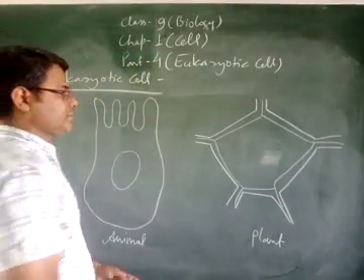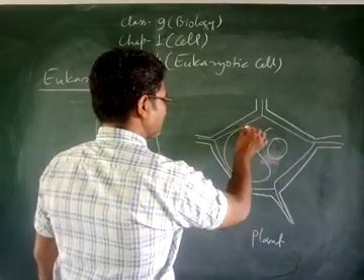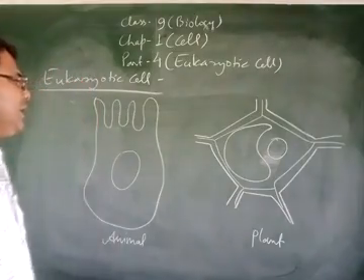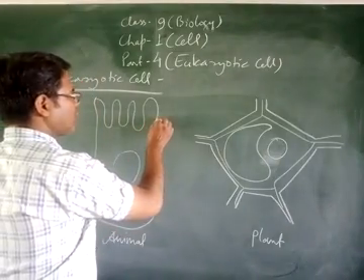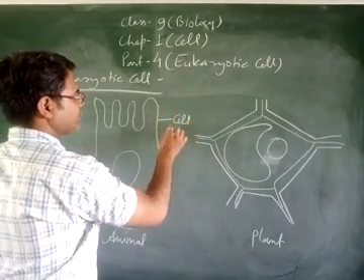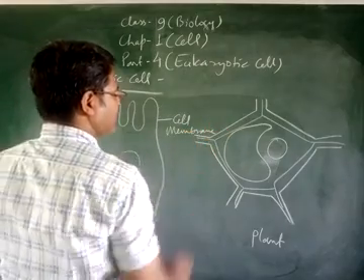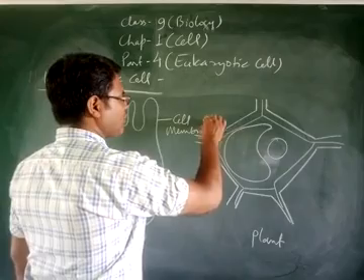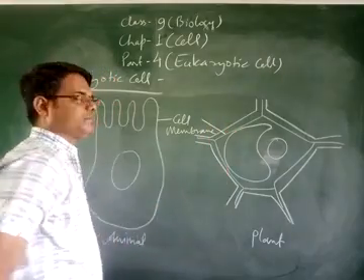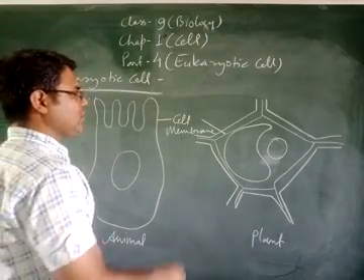That is, it is the outermost boundary of the animal cell which is called the cell membrane. Cell membrane is the innermost boundary of the plant cell.